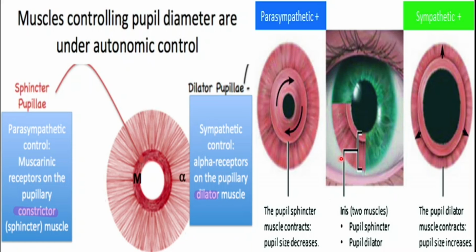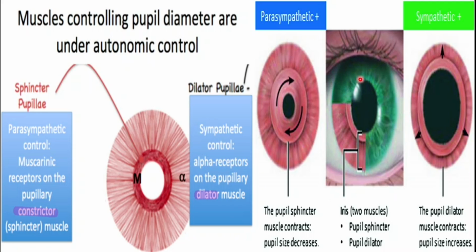I've already told you that this is the iris of the eye, and the central hole is known as the pupil. And you can see that in the iris we have two types of muscles.